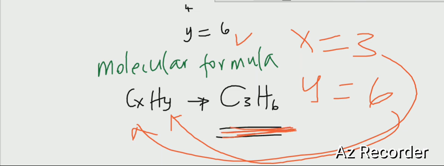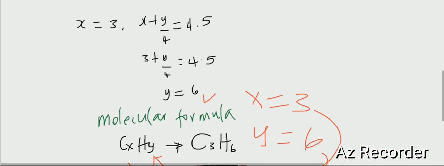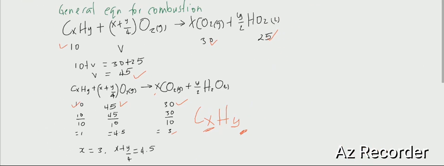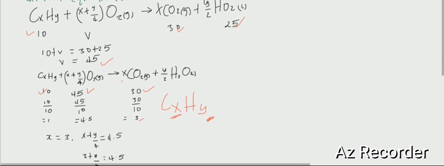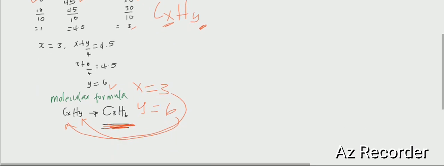So this is the molecular formula of the hydrocarbon Z, C3H6. You see, the question is solved. So just simply follow those steps, you will arrive at the answer. Thank you for viewing. Thank you so much. This is the complete working of the question.